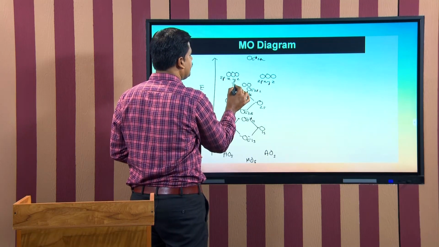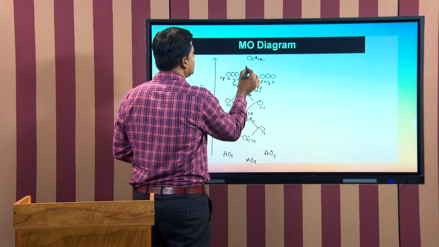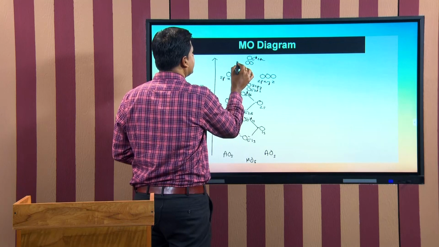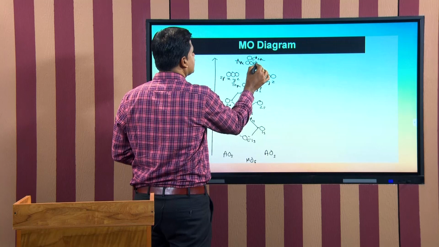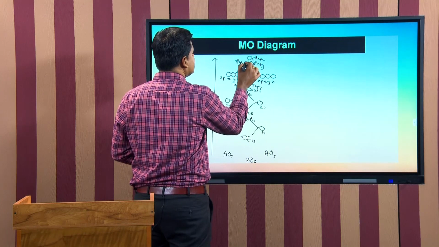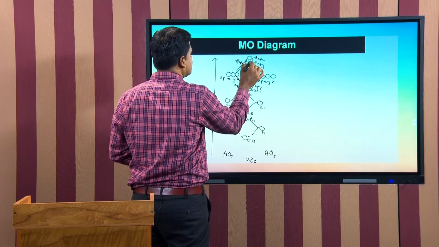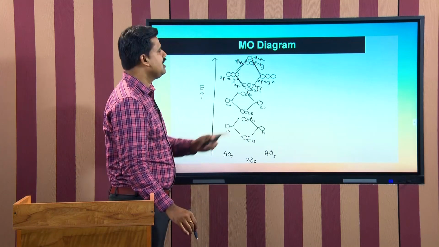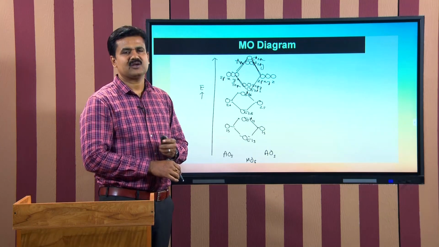They are pi 2px and pi 2py. The antibonding levels are pi star 2px and pi star 2py. Here also I can make some connection lines to show that atomic orbitals are responsible for the formation of molecular orbitals.